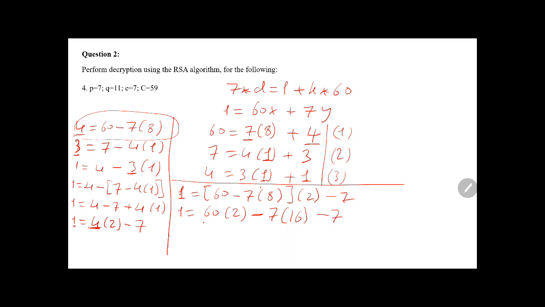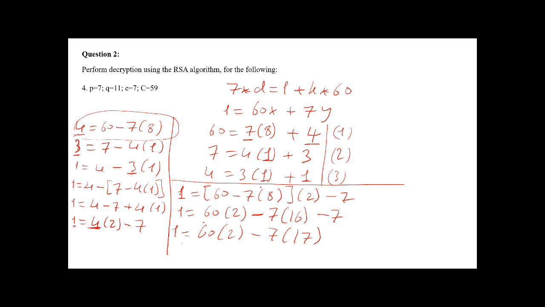So we combine like terms, so we combine the 7 here and the 7 here, so it's 60 multiplied by 2 minus 7 multiplied by 17. So now we are done with combining the 3 equations.